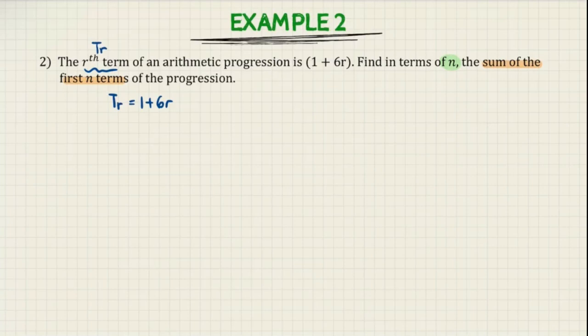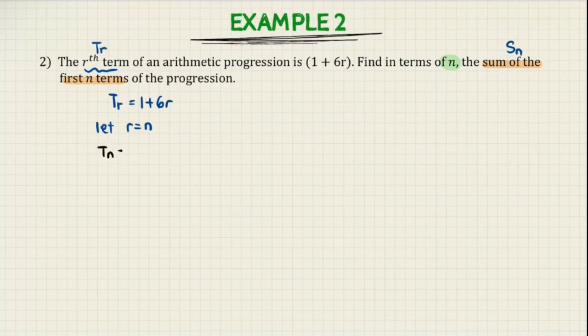Okay, dekat sini dia minta Sn. Okay, saya akan ubah r kepada n. So I'm going to let r equals to n. Okay, so kat sini T of n, formula dia adalah, okay, wait.